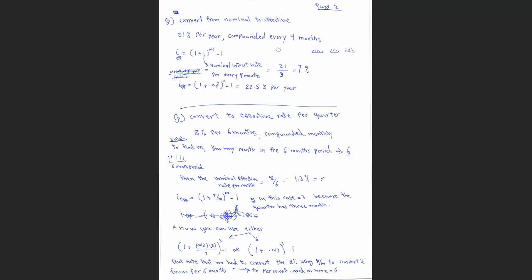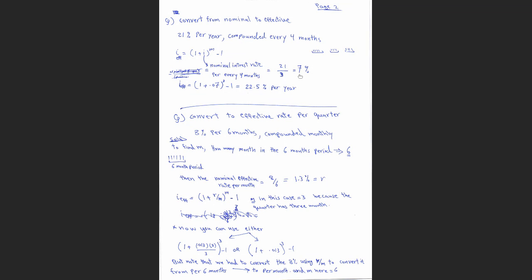Because every 4 months appears 3 times in the year. So the compounding frequency is 3. So you divide the 21 by 3, equal to 7%.